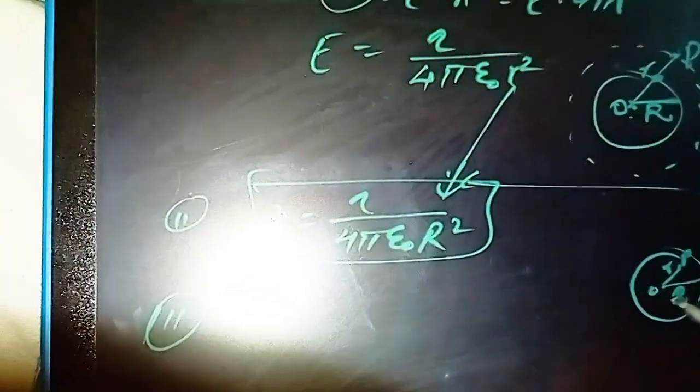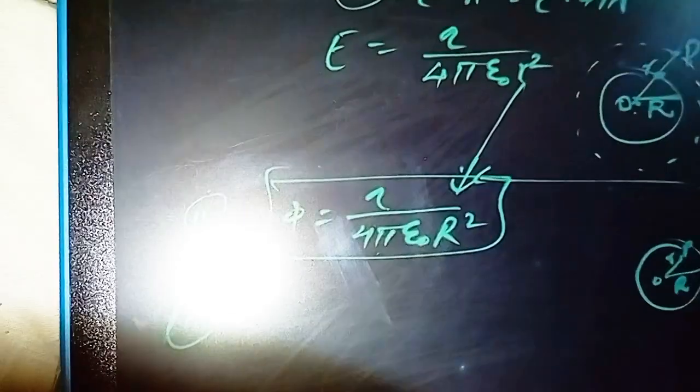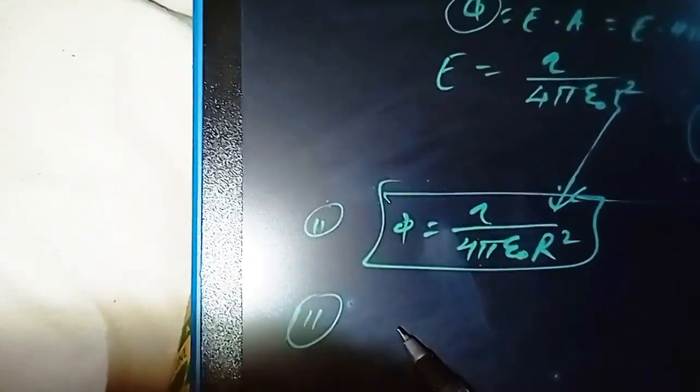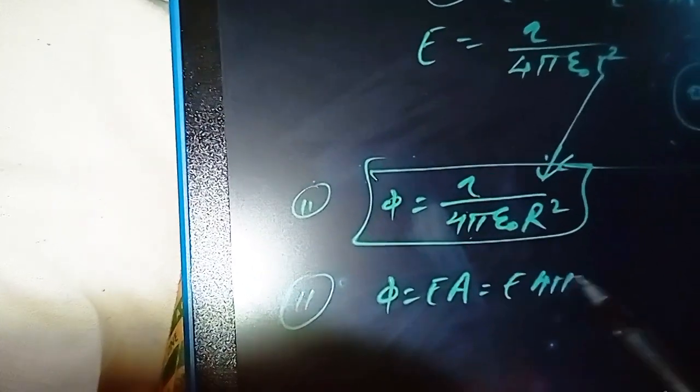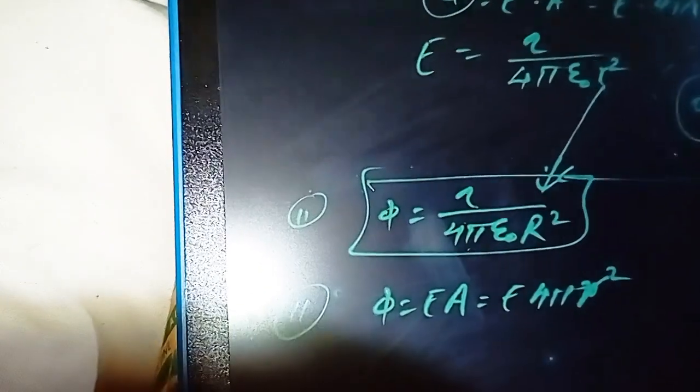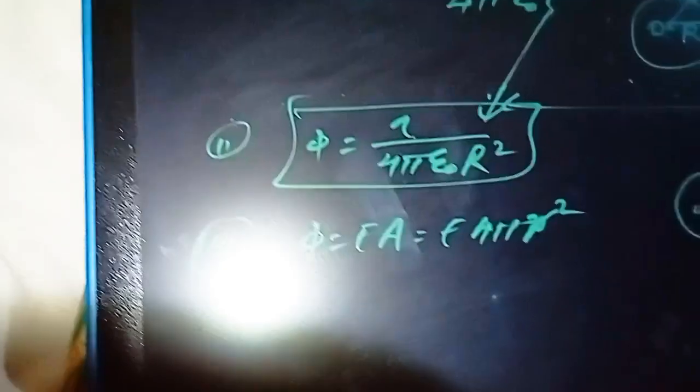So the distance between the point and the charge was small r. Here flux phi is equal to EA, we wrote this, and then E into 4 pi r square, small r square. We are finding flux for the point.